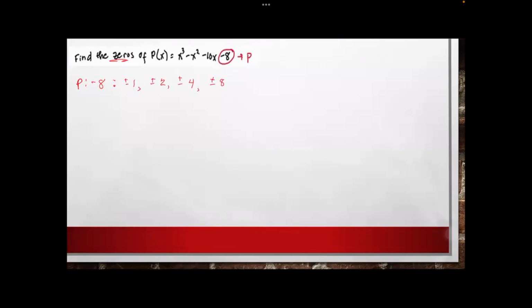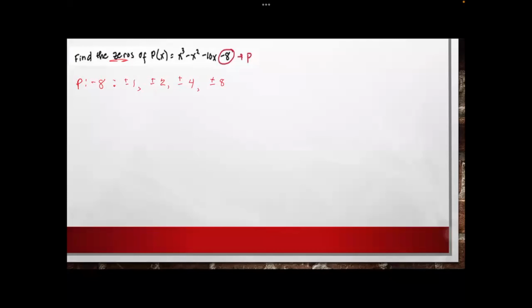We cannot use 3 because 8 divided by 3 gives a decimal. Also, 8 divided by 5, 6, and 7 gives a decimal. So the exact ones without decimals from 1 to 8 are 1, 2, 4, and 8.